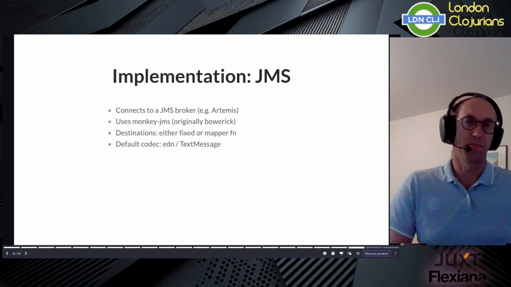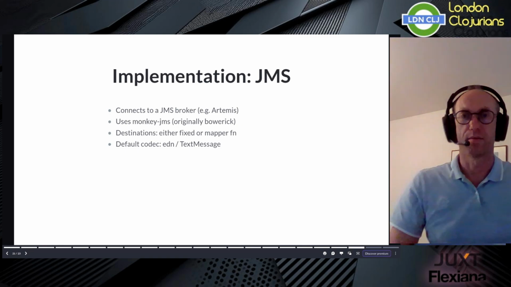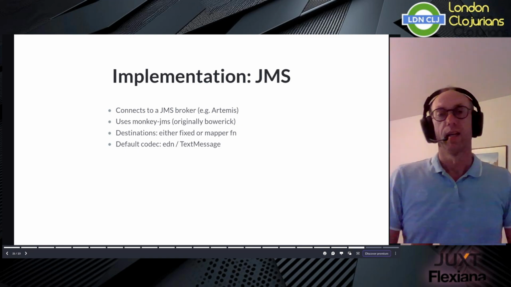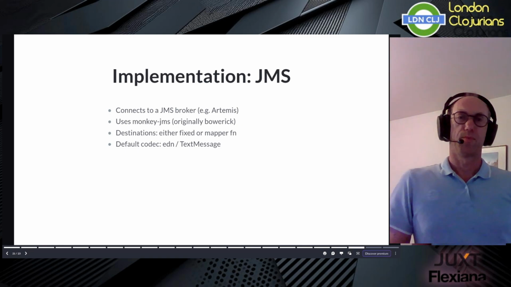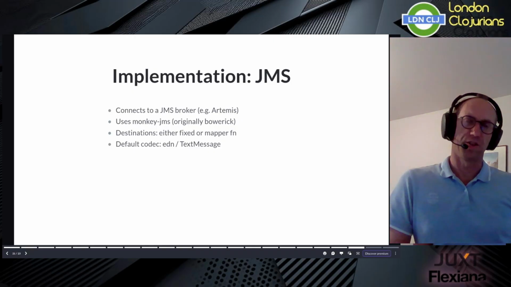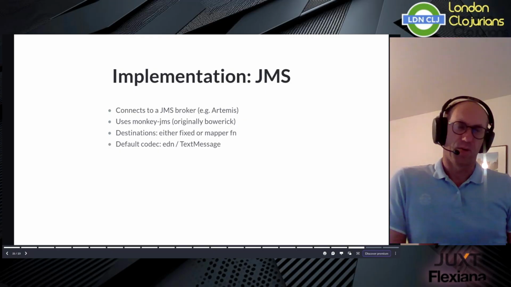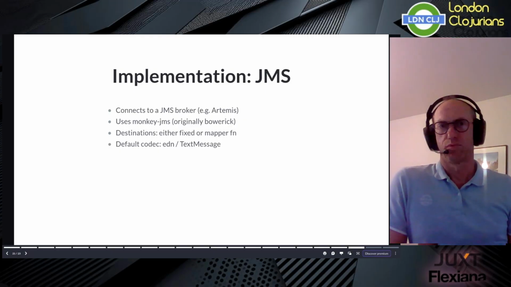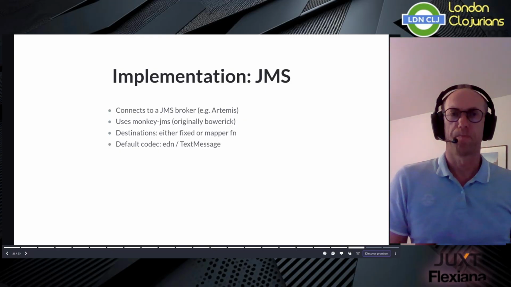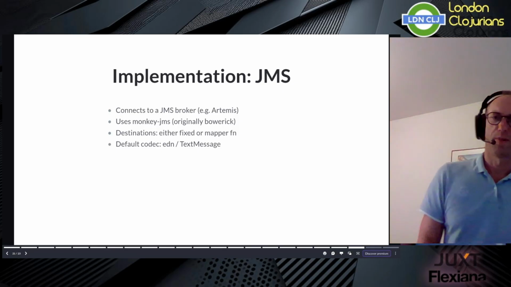So the implementation that I made here is connecting to a JMS broker. I often use Artemis, but it could be ActiveMQ or something else. It can even be Kafka. And I'm using for that my own Monkey JMS library. Originally, I used Bowerick, which is also an often used and well-known JMS implementation in Clojure.